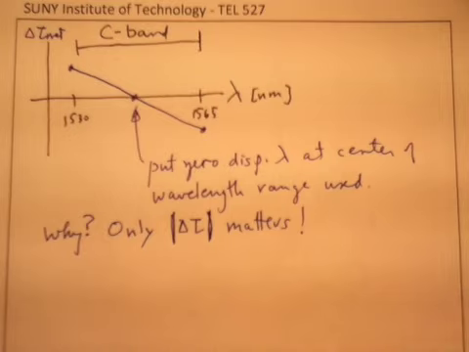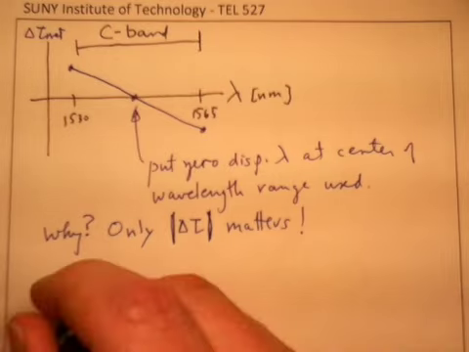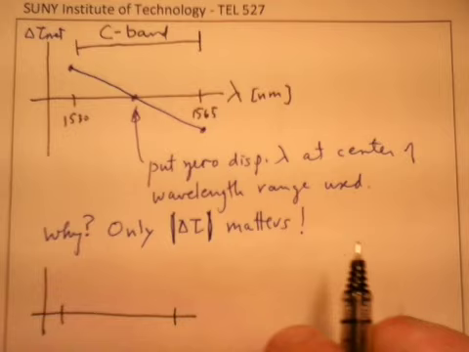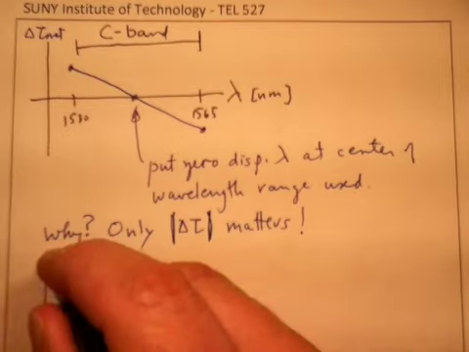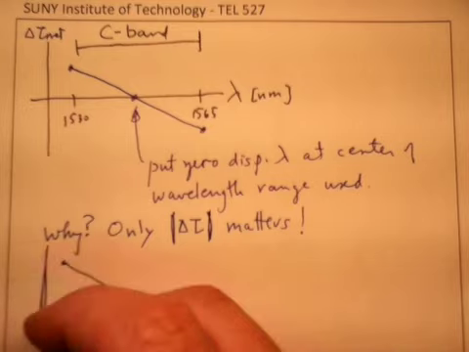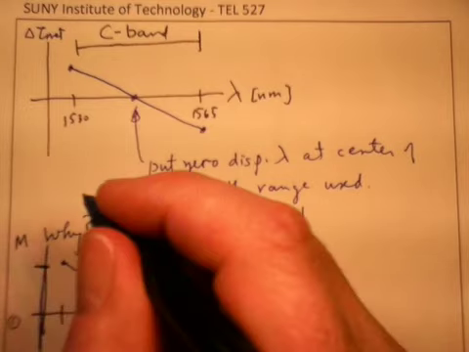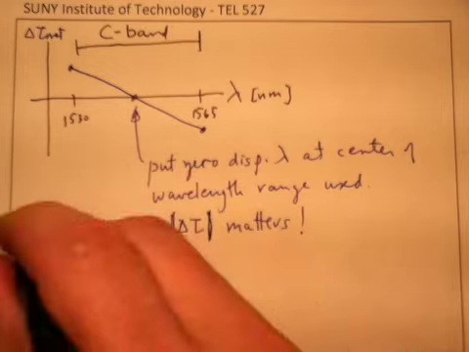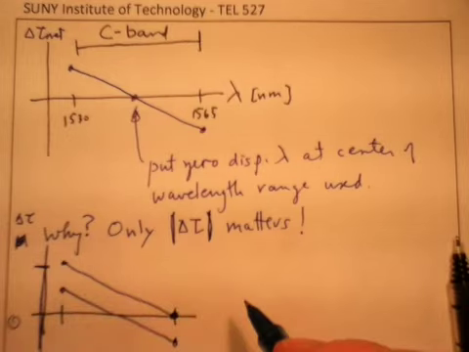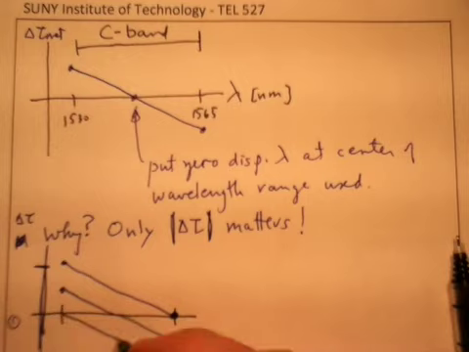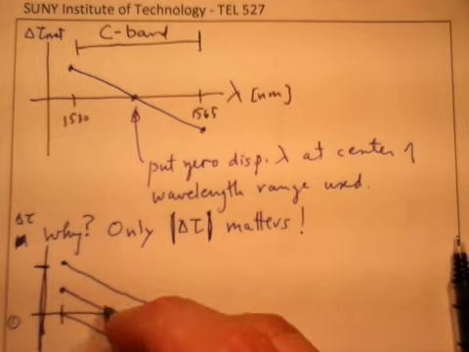If you put the zero dispersion point over at the edge of the range, the maximum here, this is delta tau I'm plotting here, is much larger than if you were to put it down like this. So we don't want the zero dispersion point at either side of the range. We want it to be in the middle.